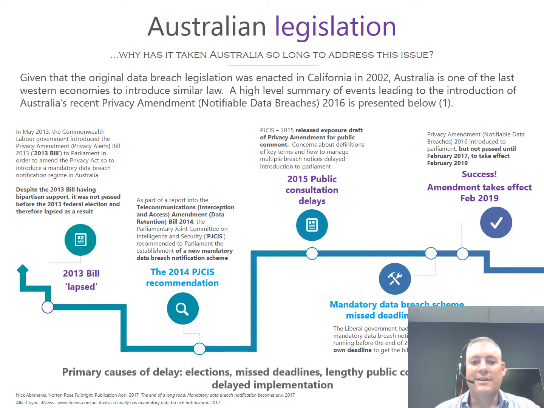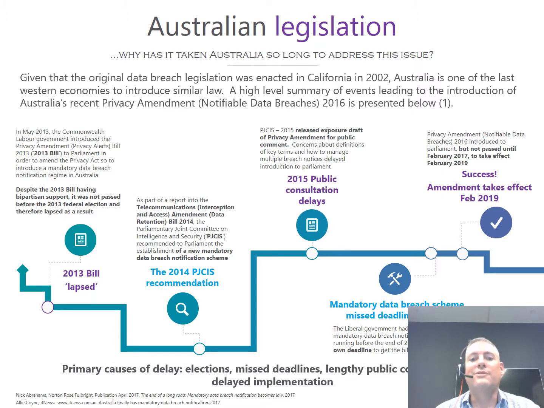Essentially, the primary causes of delaying this very critical legislation are predominantly elections, missed deadlines by the government, lengthy public consultation and delayed implementation once it was actually passed. However, it's taken 5-6 years to enact. We finally do have data breach legislation.